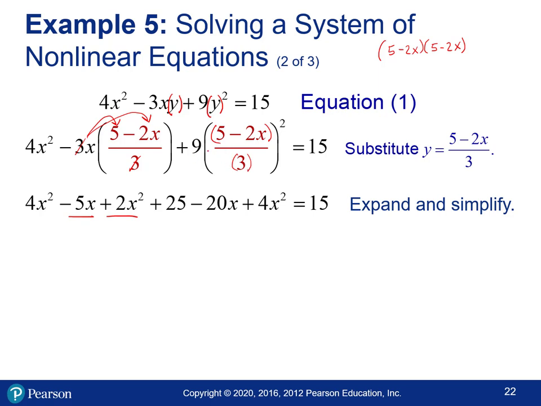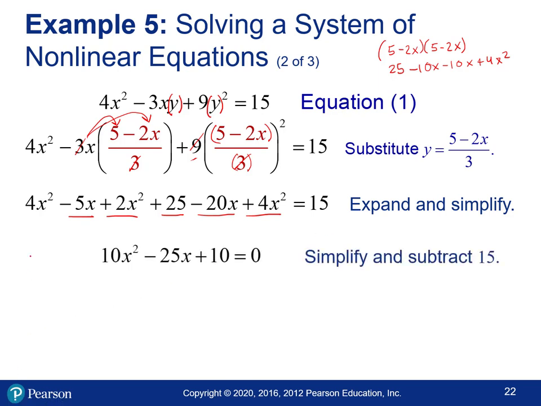So those 9's are actually going to divide out, that 9 with this one here. And so if we FOIL this out, we're going to get 25 minus 10x minus 10x plus 4x squared. So that's 25 minus 20x plus 4x squared. And remember, this 9 divided out with the 3 squared. And so then that's how we got that step.